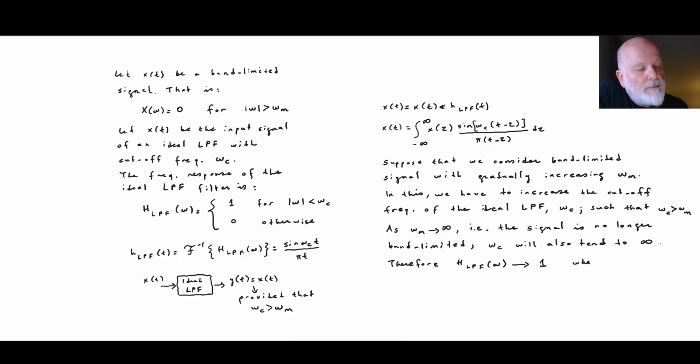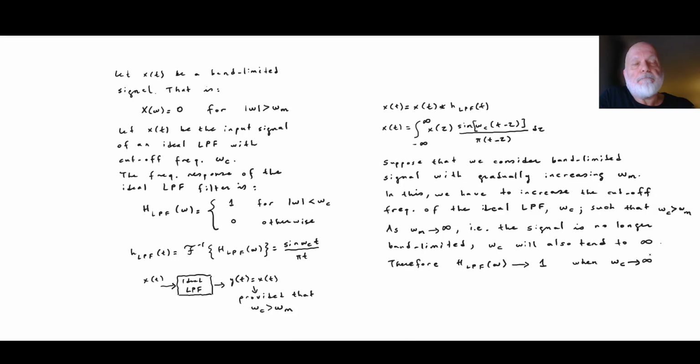That means it will be a system which passes all frequency components.